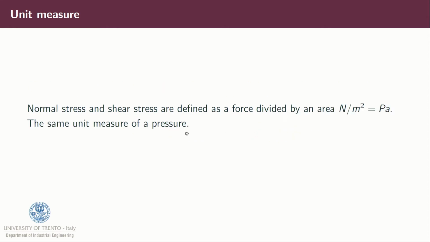It's important to note that the normal stress and shear stress are defined as force divided by an area, so Newton over square meter, and it is actually Pascal, so they have the same unit of measure as a pressure.